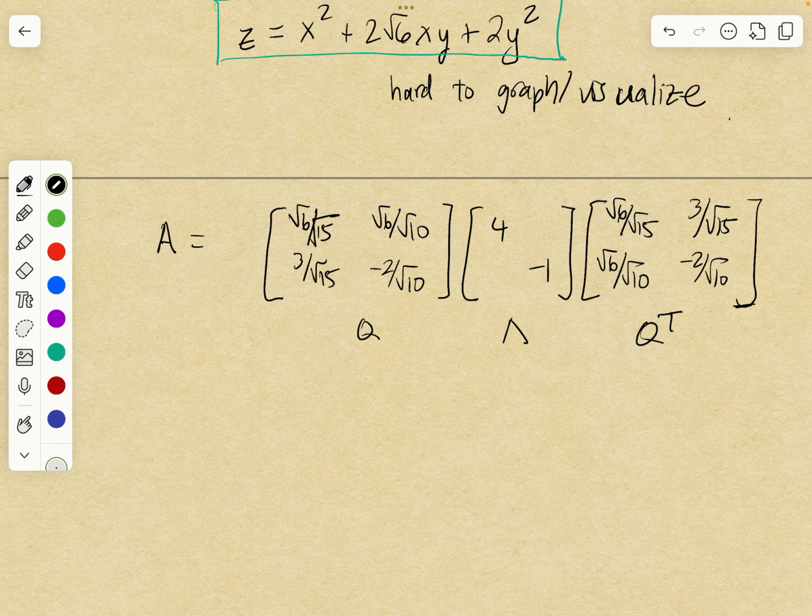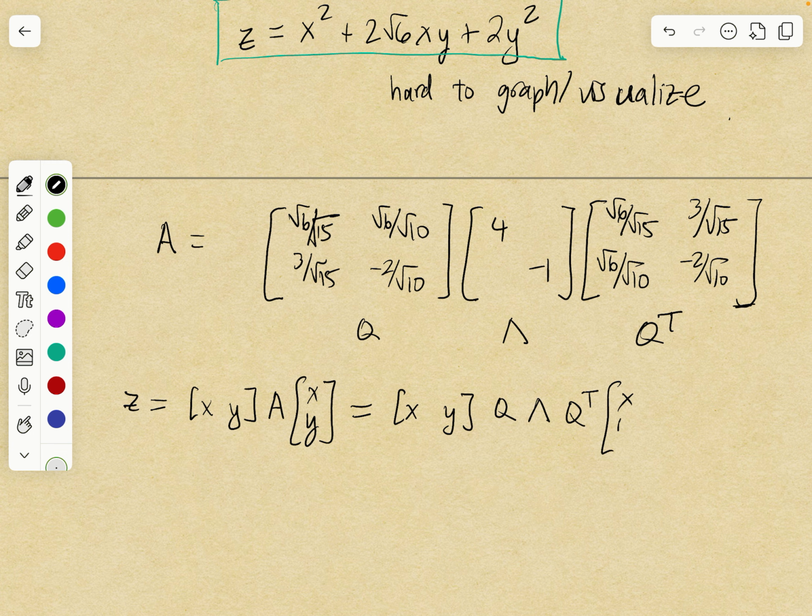Well, our function z was equal to this matrix times A times this matrix. And since A is Q lambda Q transpose, it's this times Q times lambda times Q transpose times this.